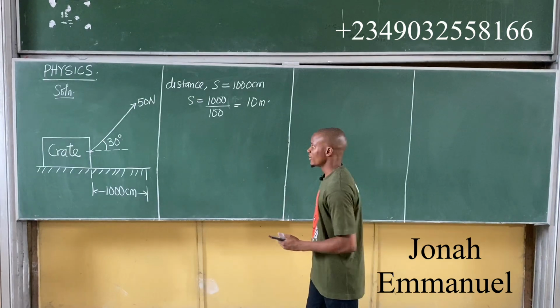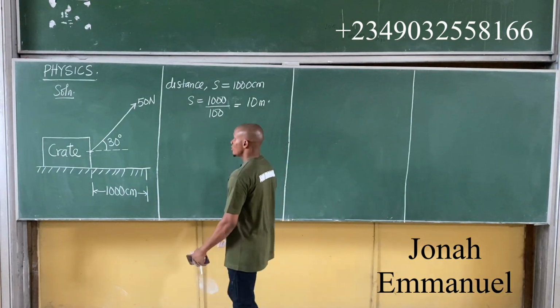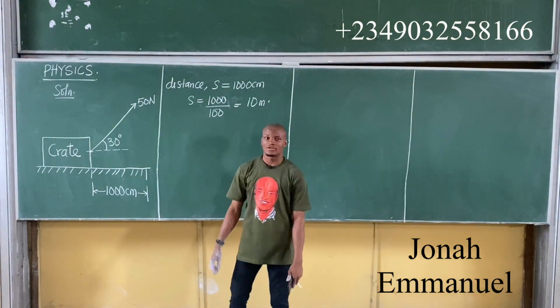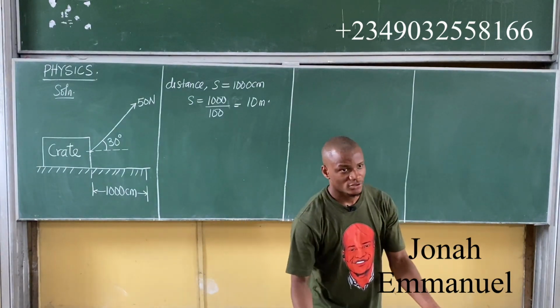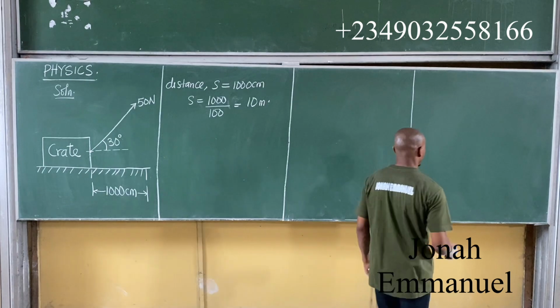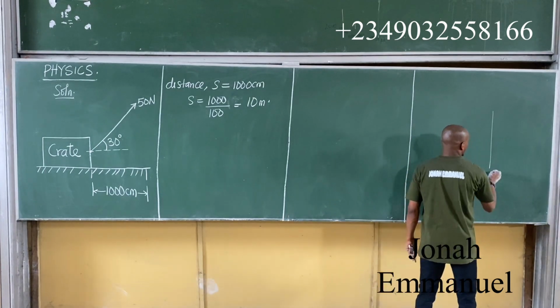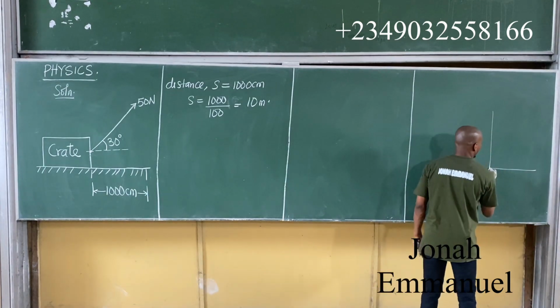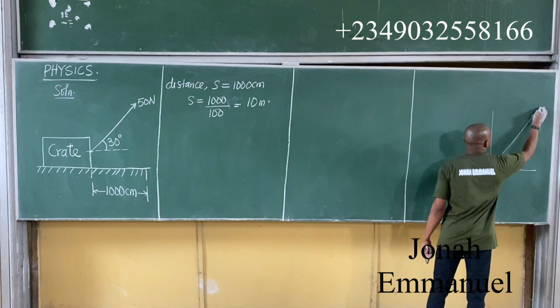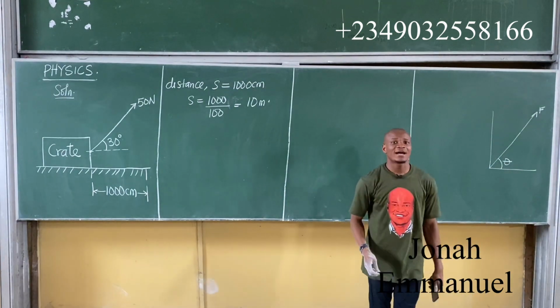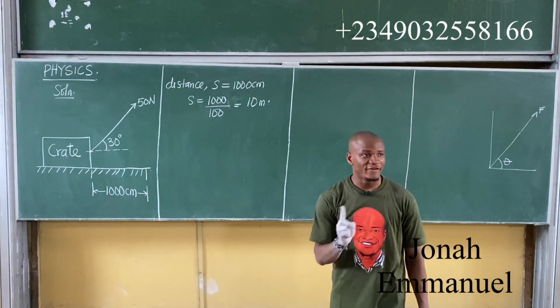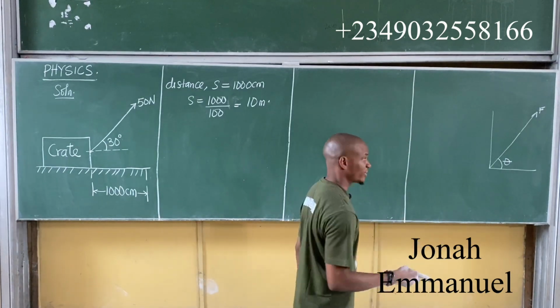The force here is 50 newton. The force is inclined, so I can't use that force as it is. Whenever you have a force F inclined at an angle theta to the horizontal, that force has two components: the vertical component and the horizontal component.